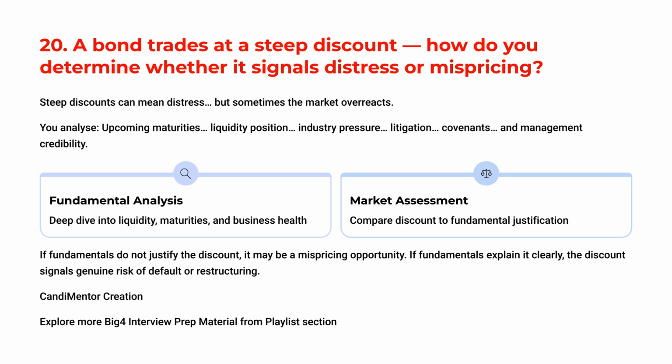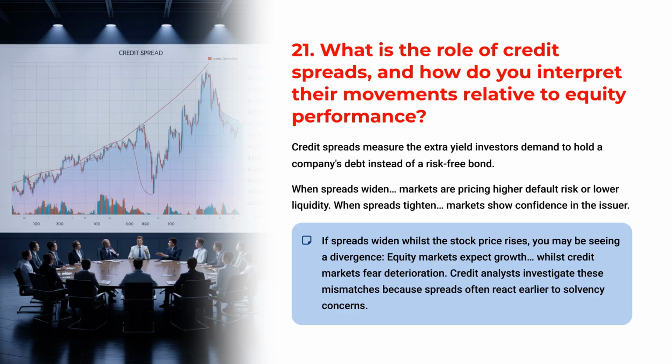What is the role of credit spreads and how do you interpret their movements relative to equity performance? Credit spreads measure the extra yield investors demand to hold a company's debt instead of a risk-free bond. When spreads widen, markets are pricing higher default risk or lower liquidity.